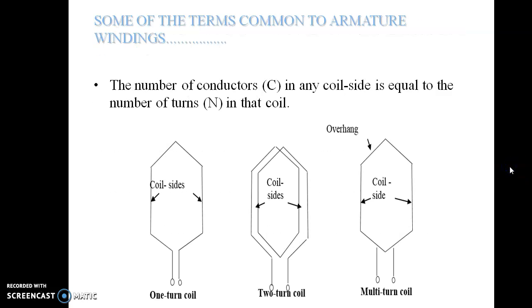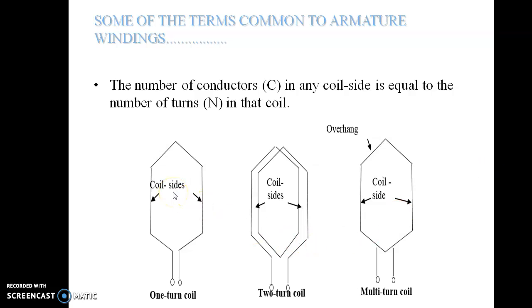Next, the number of conductors in any coil side is equal to the number of turns in that coil. So, in a coil, the number of turns will be that much. All of you be very clear. Number of conductors is equal to number of turns.